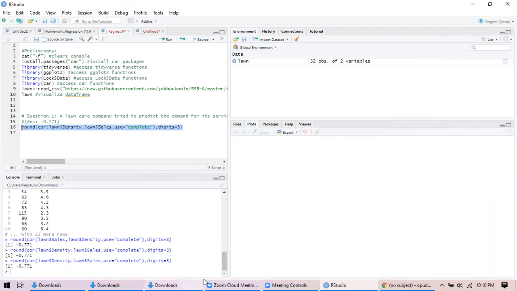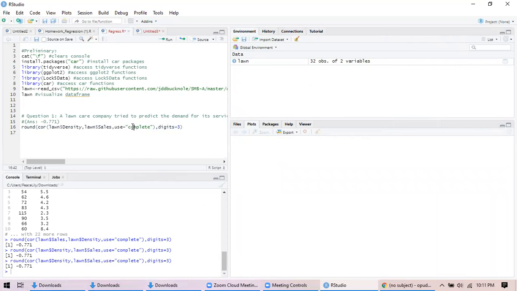Okay, I ran it, and it says, okay, it's still the same number, the negative 0.771. Now, this complete thing, can you explain it one more time to me?